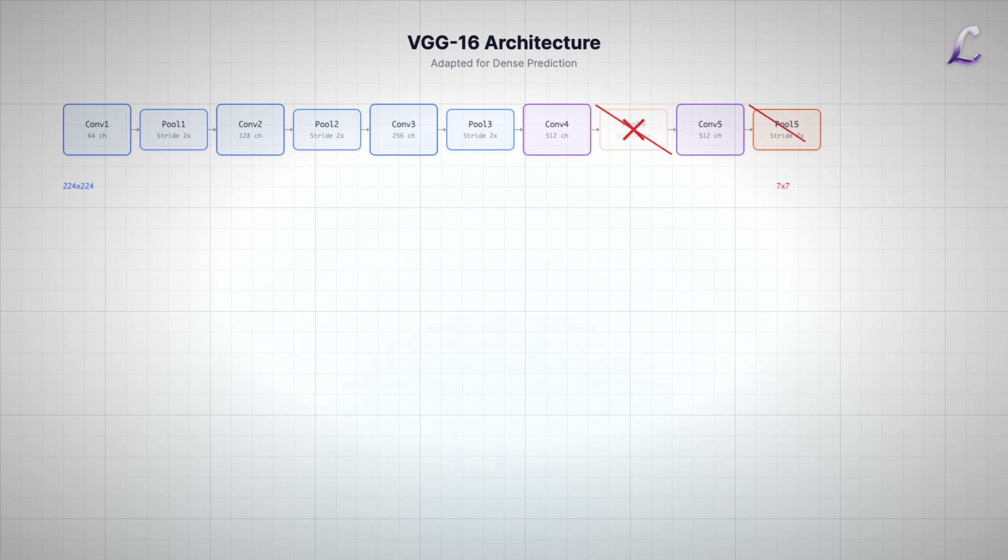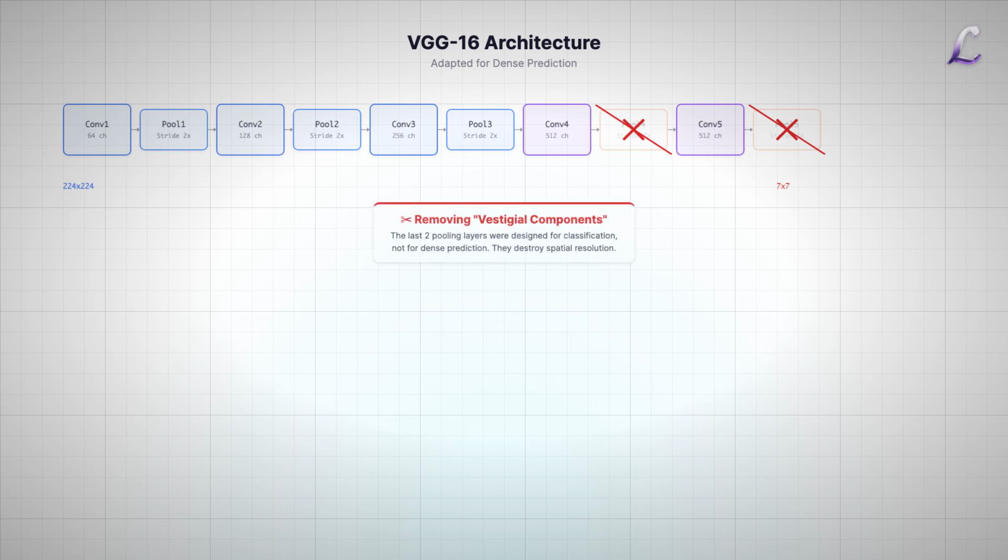This kept the pre-trained weights valid, but stopped the resolution from dropping further. They reduced the image shrinkage, so the output feature maps were 64 by 64, not tiny 7 by 7 grids. This front end alone achieved 71.3% mean IOU on the Pascal VOC test set, outperforming previous systems, even before adding the context module.